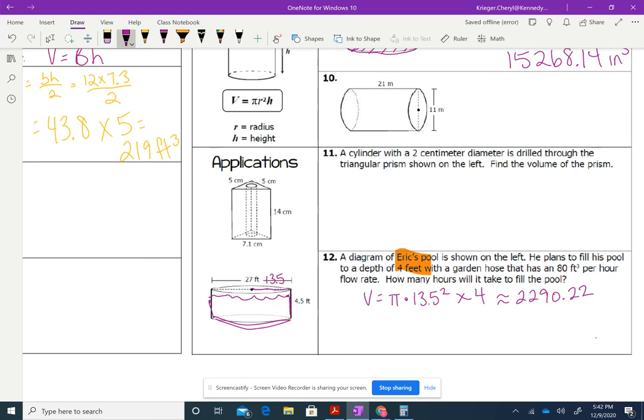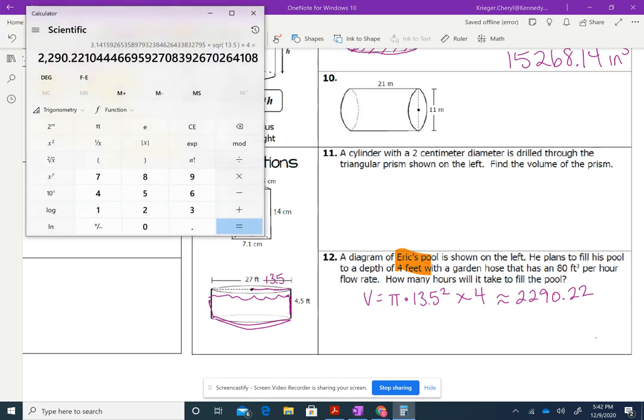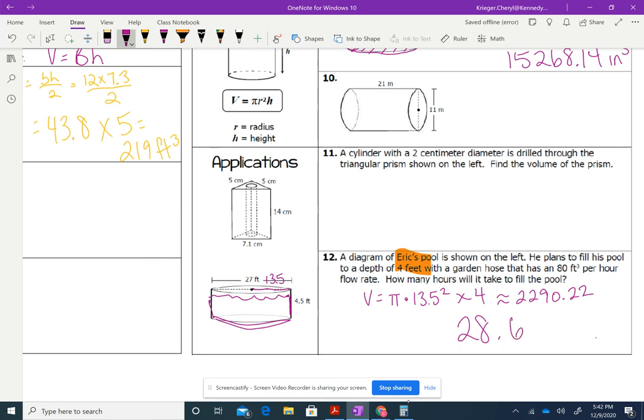And we're going to divide that number by the water rate. So divide it by 80. And we get 28.6 hours to fill the pool with water.